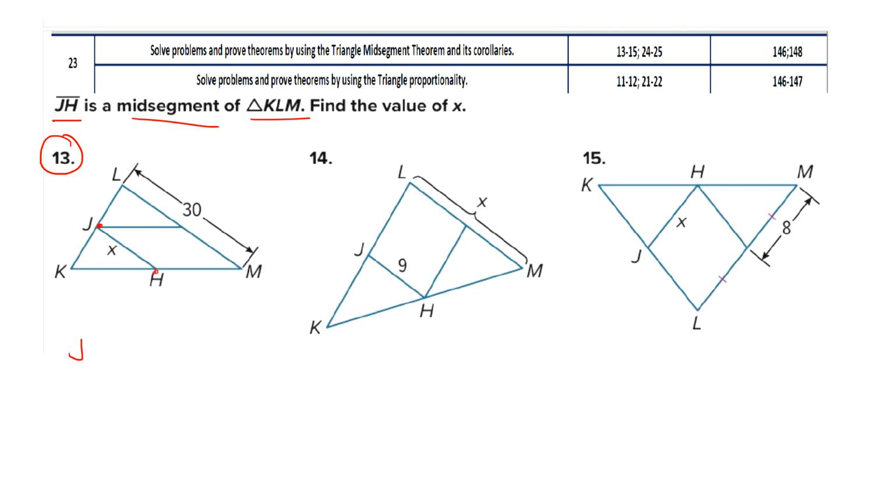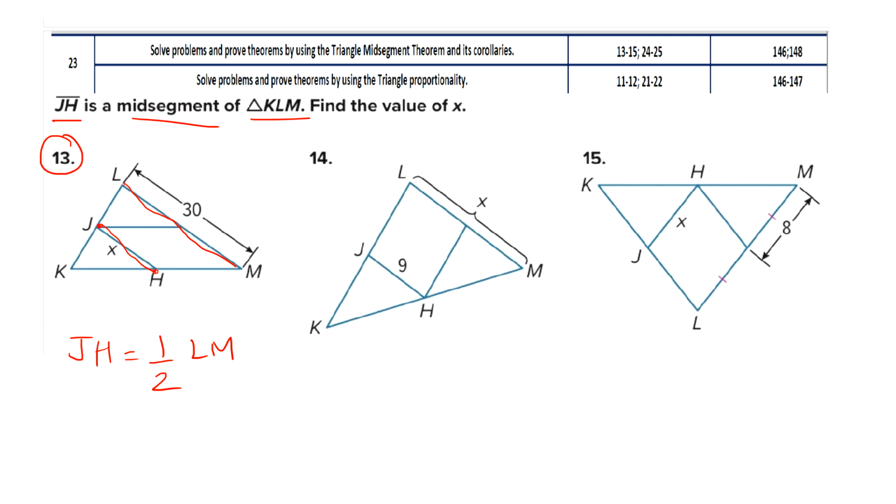So the length of JH will be half of the length of the side to which it is parallel. This is the mid-segment JH, and the side it is parallel to is LM, so it is going to be half of this.